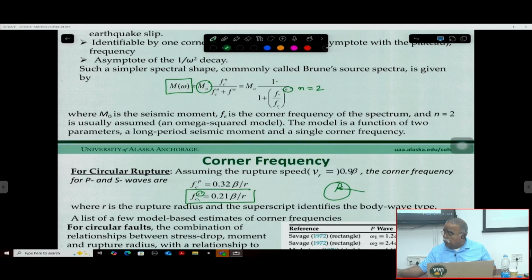So if you know your corner frequency very nicely, or if you can find your corner frequency fc from your displacement pulse, sorry, I take it back.